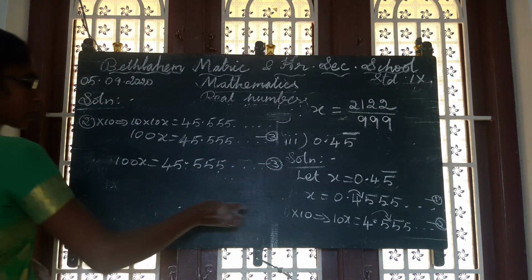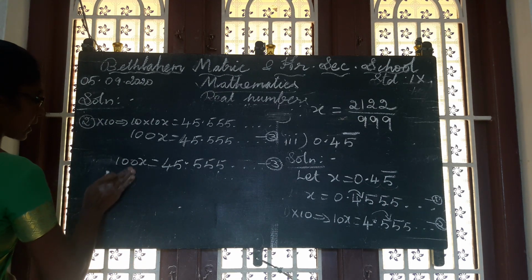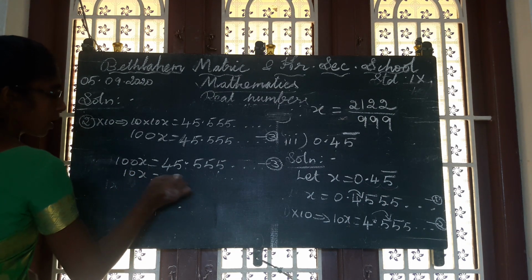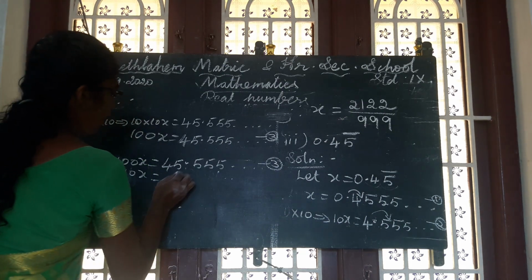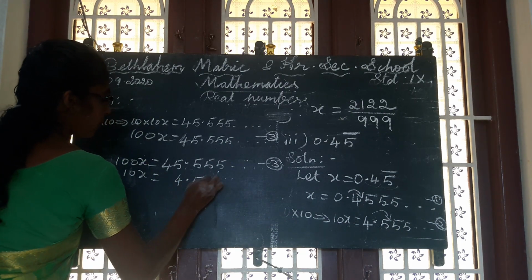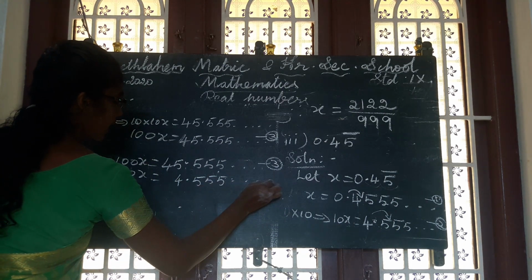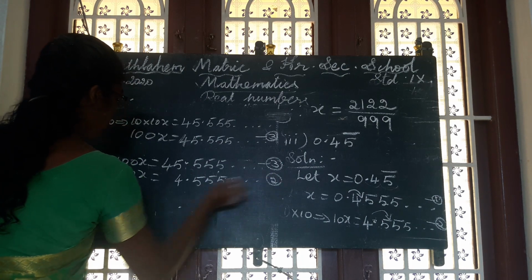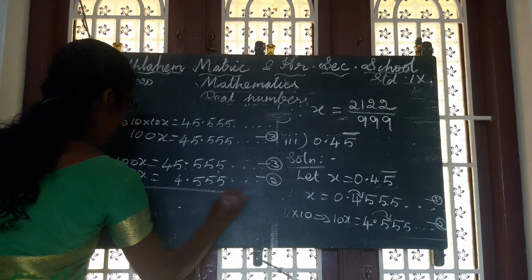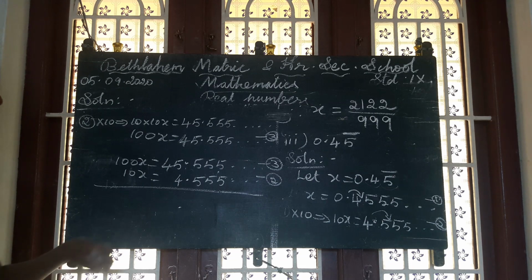Next, equation 2 is 10x is equal to 4.555, etc. This is equation 2. We have to subtract. When we are subtracting, what will we get?